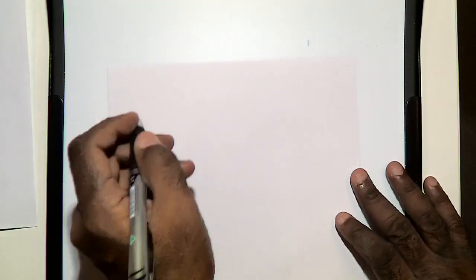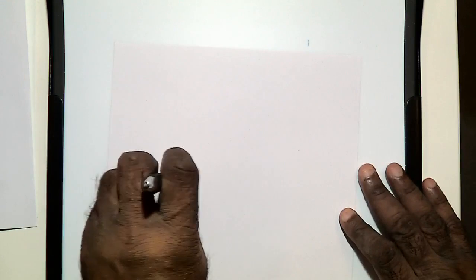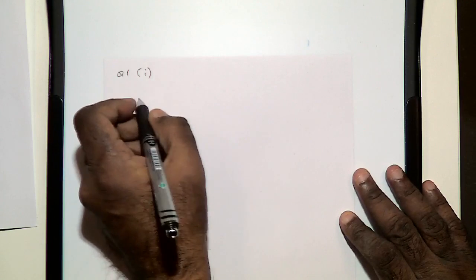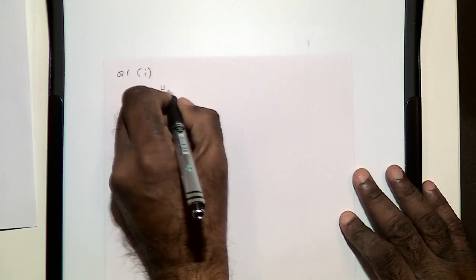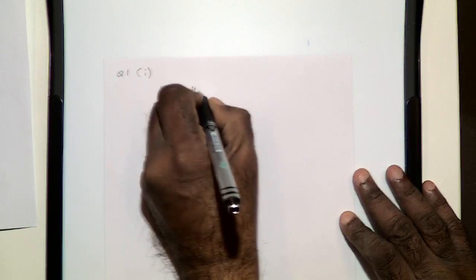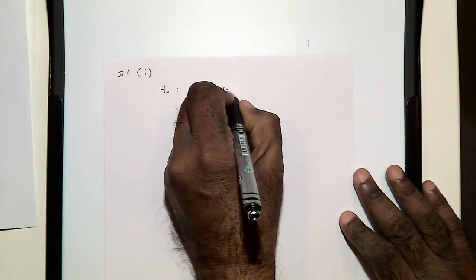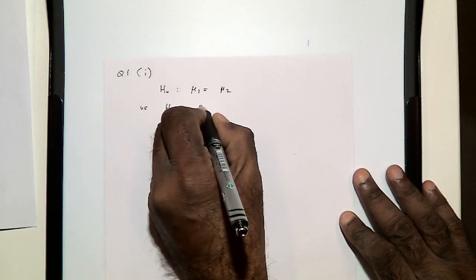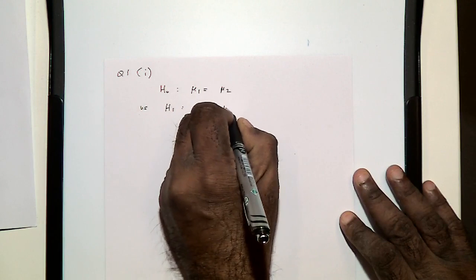So this is question 1, part 1, okay? You're testing your null hypothesis mu1 equal to mu2 versus the alternative that mu1 is greater than mu2.